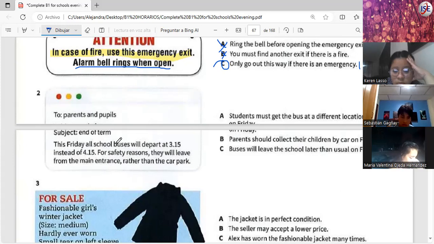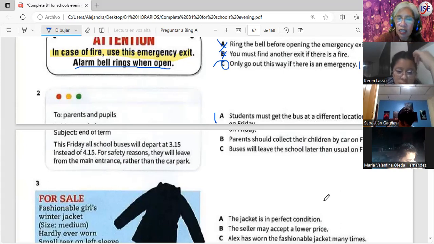I think it's letter A. You think it is letter A. Sebastian, which one do you think is the right answer? Do you agree with letter A or you think it is another option?